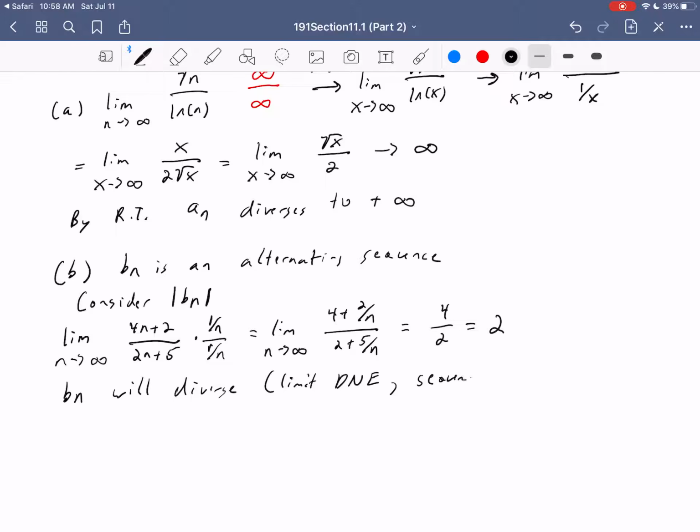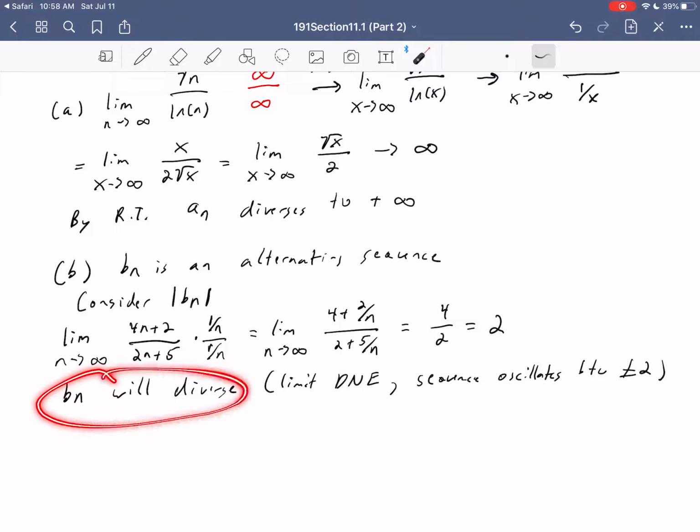Sequence oscillates between plus or minus 2. So while the absolute value of our sequence converges to 2, the actual sequence we were interested in, the alternating one, has a limit that does not exist, so it diverges. And the reason the limit does not exist is because the sequence oscillates between positive and negative 2.